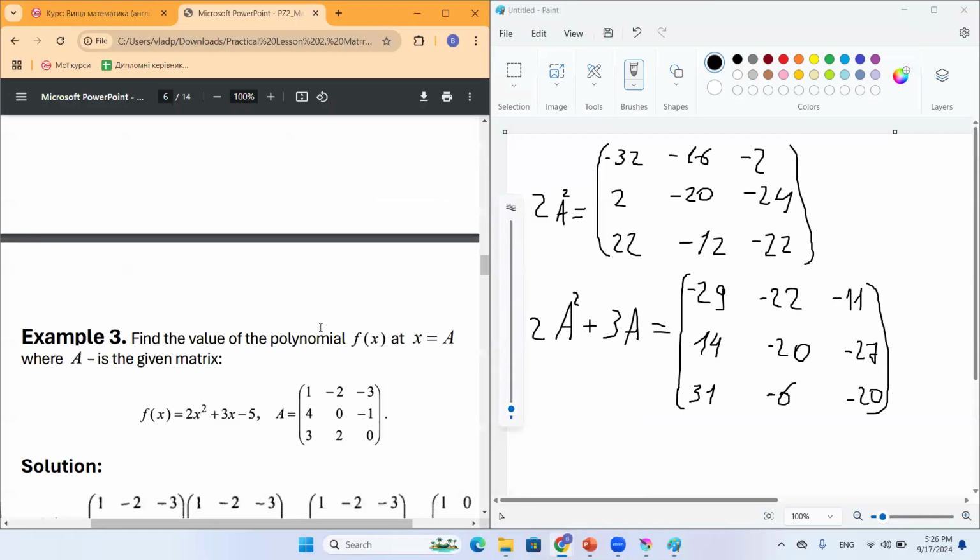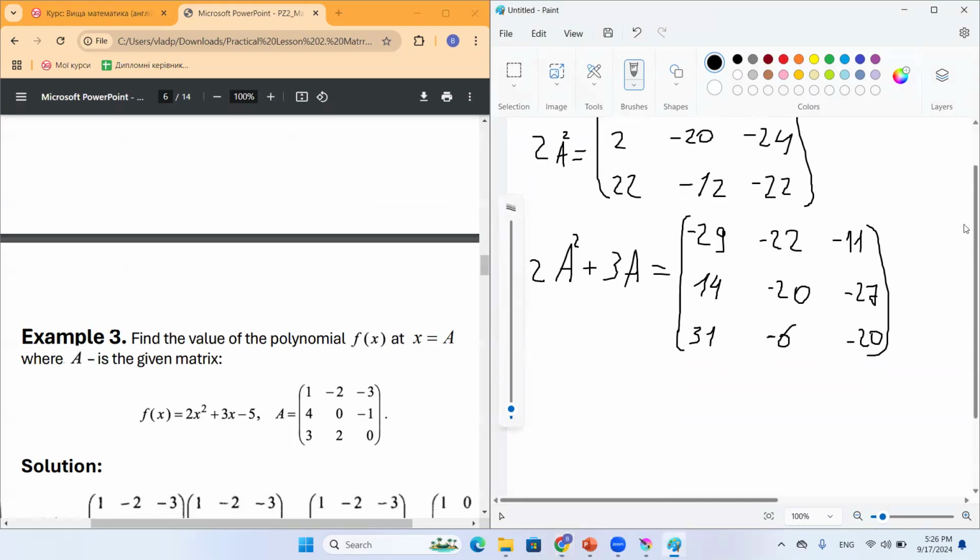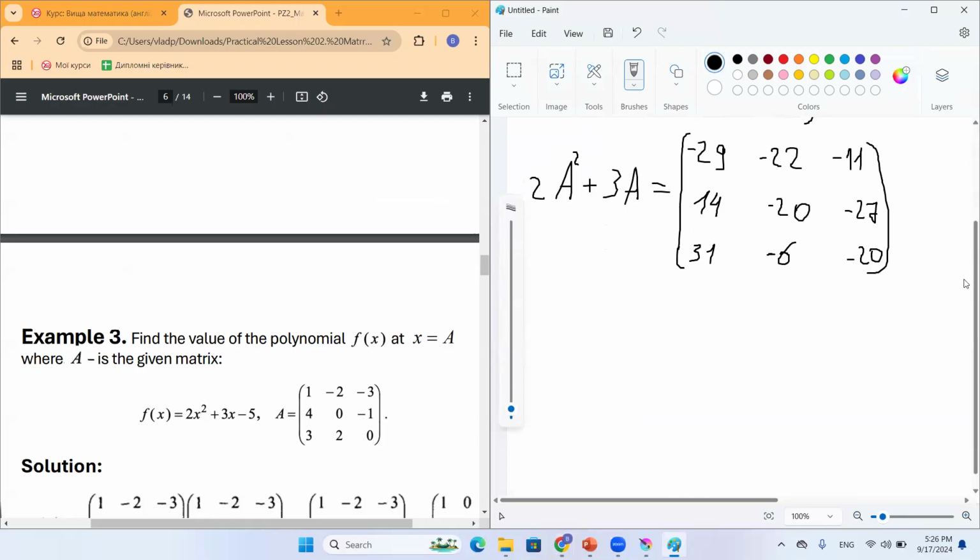Okay, and what do we see in this equation? Not equation, but a function. -5. So what does it mean? How can we add a number to the matrix? Can we actually do it or not? We can't.